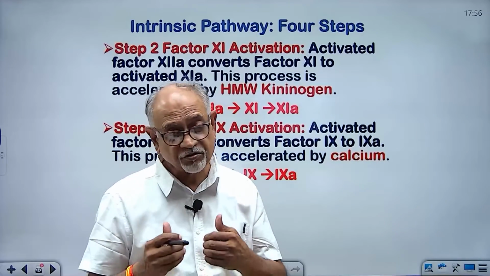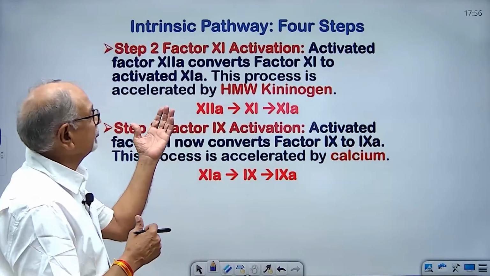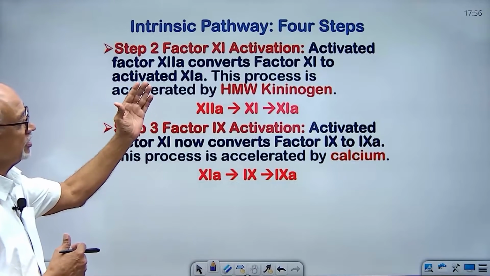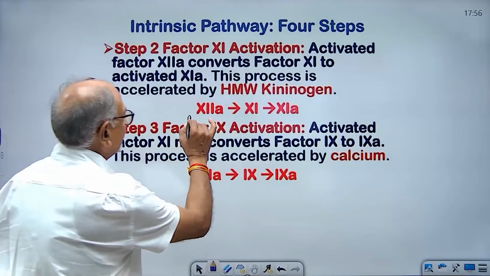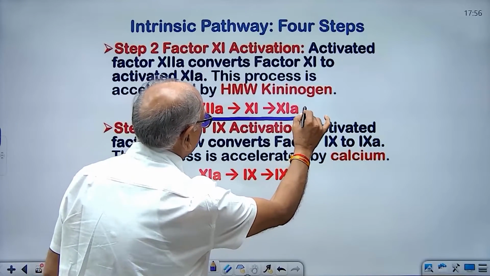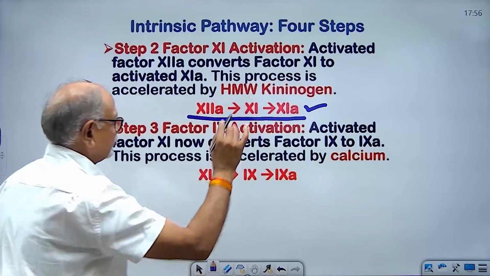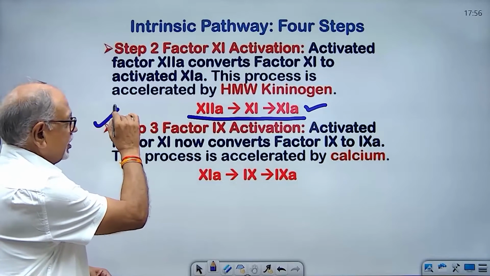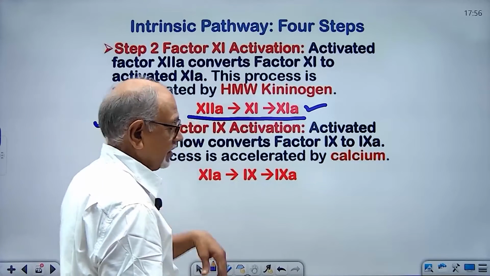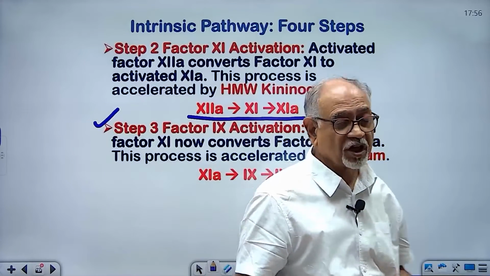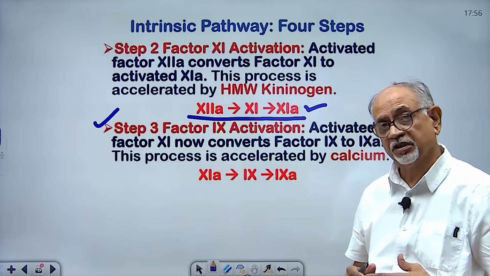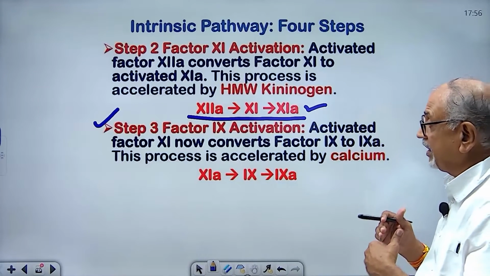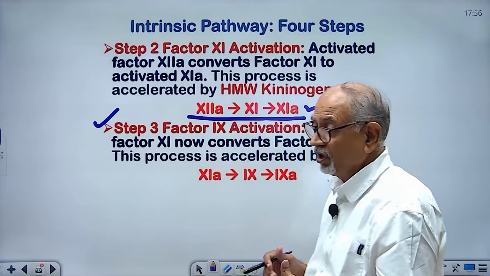The factor 12 which is activated in the previous step now activates the factor 11. So, factor 11 is converted into factor 11A. Further, in the next step, that is step 3, factor number 9 is converted into 9A, that is the activated form of 9.